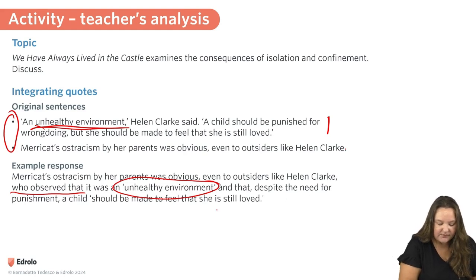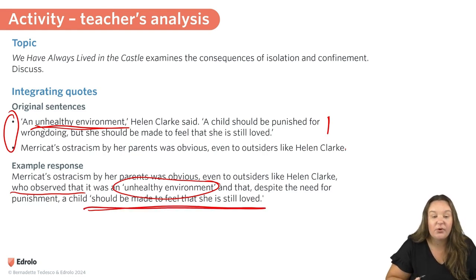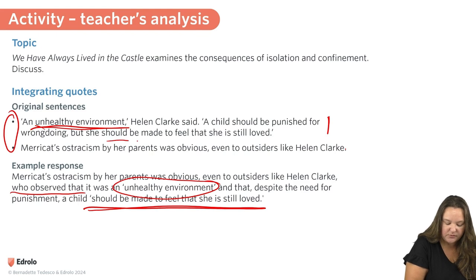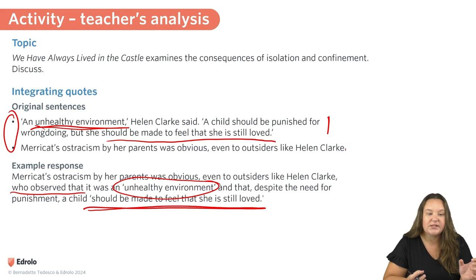And that despite the need for punishment, a child should still be made to feel loved. So the rest of it has been summarised, paraphrased, and just the key bit of the quote, still should be made that she is still loved. So I've just picked out the absolute essential parts of the quote and I've blended them into the existing sentence.